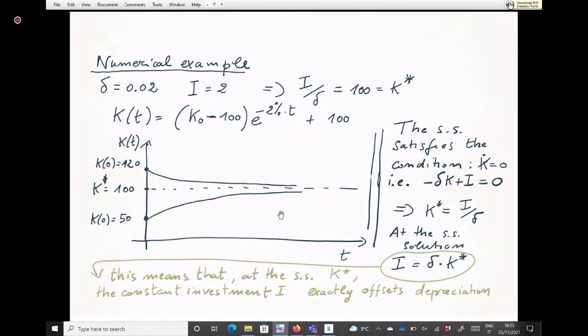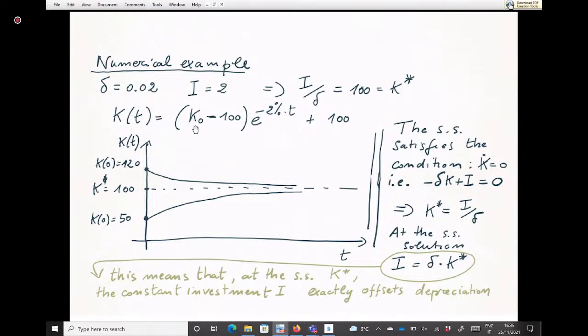For instance, depreciation rate of 2% per year, investment flow 2 units of measure, I don't know, per year, and it is the flow, of course. I over delta is 100, and this is the steady state level of the capital stock.